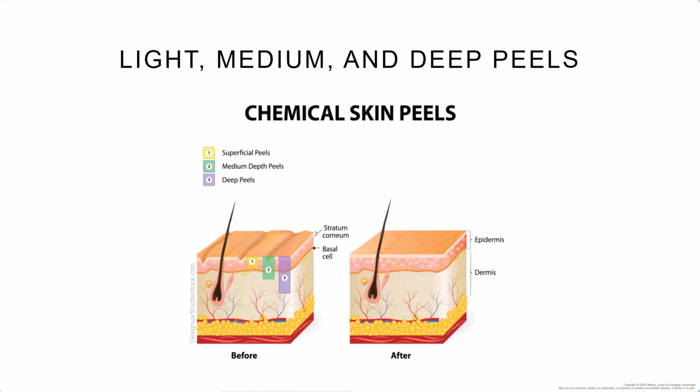They can use resorcinol, phenol, which is a carboxylic acid, or Baker's peel. Highly acidic peels, where there's going to be peeling down into the dermis, and they're not typically used. TCA peels are removing the epidermis down to the dermis, and glycolic acid peels up to 50% or more, and then also Jessner peels up to 4 to 10 layers.